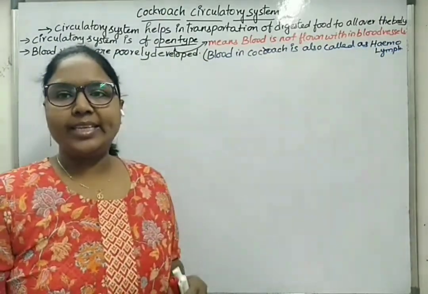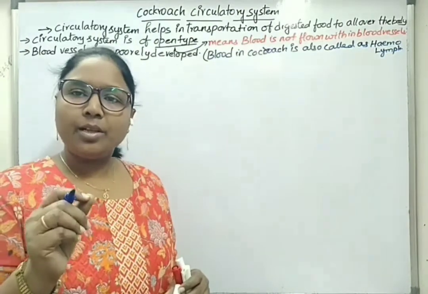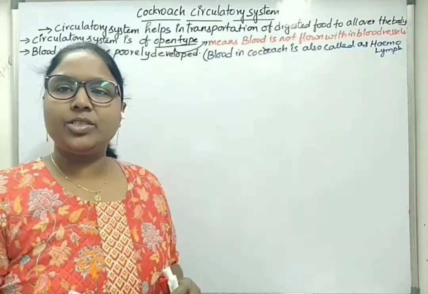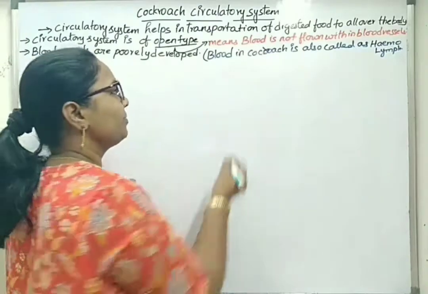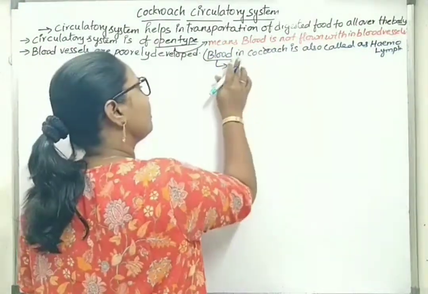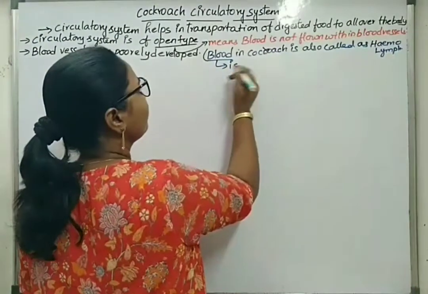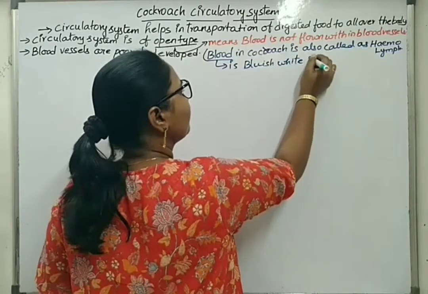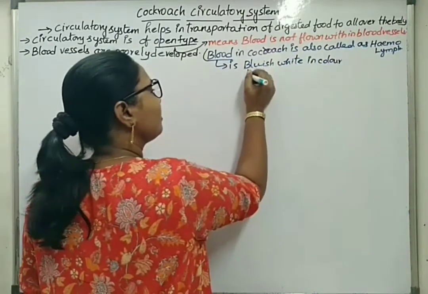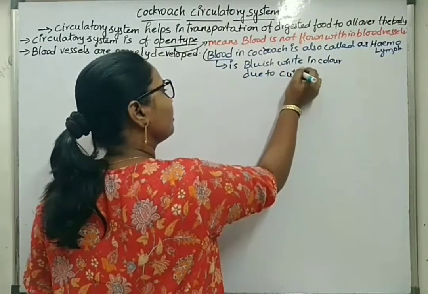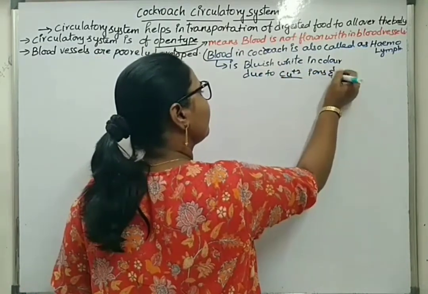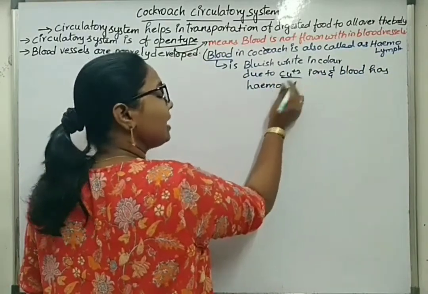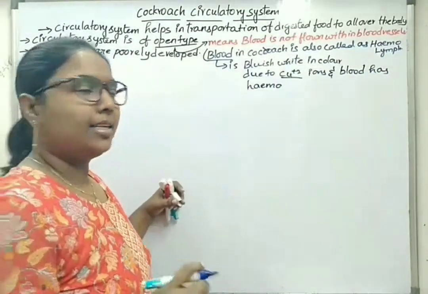Blood is bluish white in color because of the presence of copper ions, and also blood contains special types of cells which are phagocytic in nature, called hemocytes. Hemocytes are phagocytic in nature, but they are colorless.